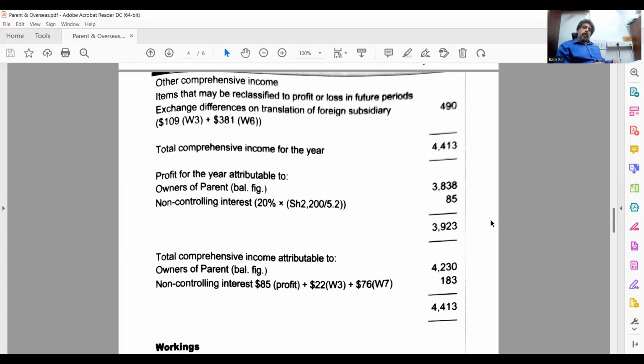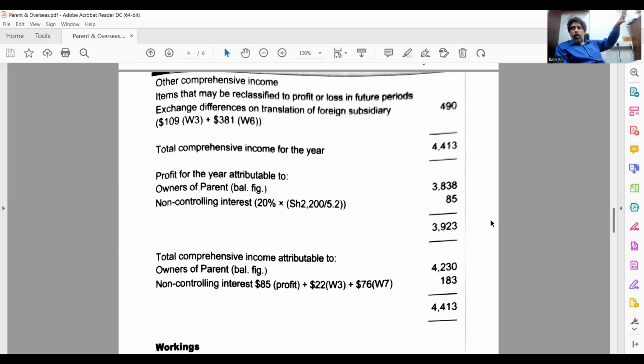Under that, remember, you should all know by now, people writing the May 22 examination: in OCI, we classify the items. There are certain items that will be reclassified to profit or loss, and there are certain items shown under OCI which cannot be reclassified.